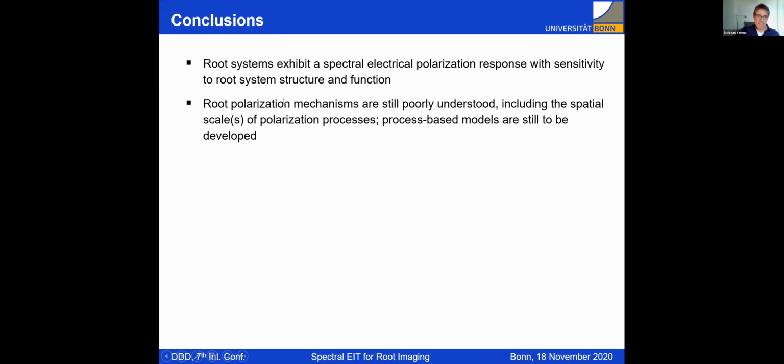The mechanisms underlying the polarization effects are still poorly understood, in particular the spatial scales at which the polarization processes occur, and process-based models of polarization are missing, are still to be developed. So that is a very broad field and absolutely necessary to actually develop this into a quantitative method.